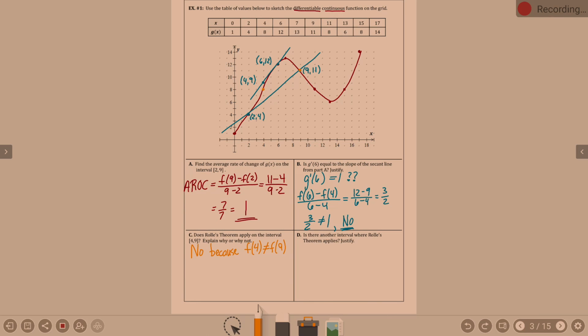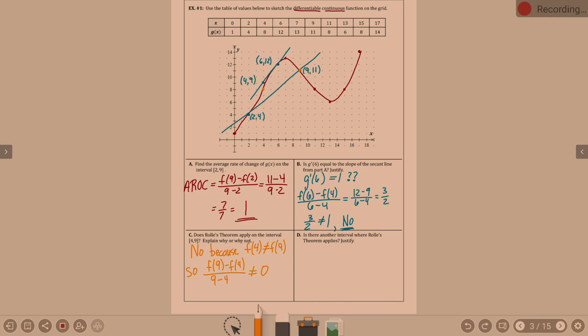The other piece we can say here is that f of 9 minus f of 4 over 9 minus 4 will not equal 0. Okay, these are things you can use on free response justifications, right? Like, can you use Rolle's theorem here? Well, yes I can, no I can't. There's my no. Okay, the big obvious thing is the endpoints aren't equal.